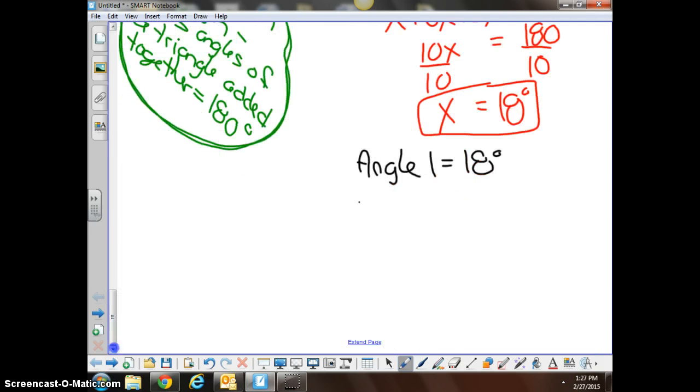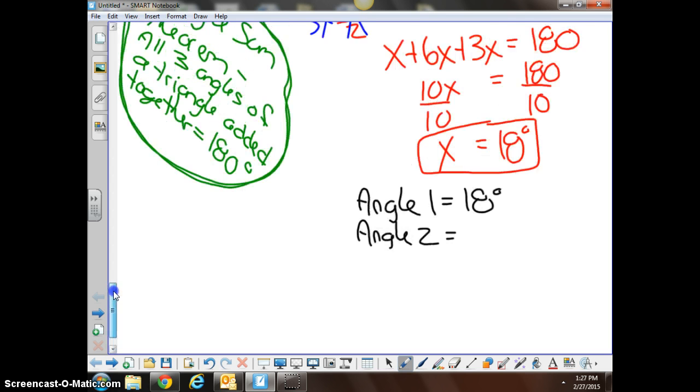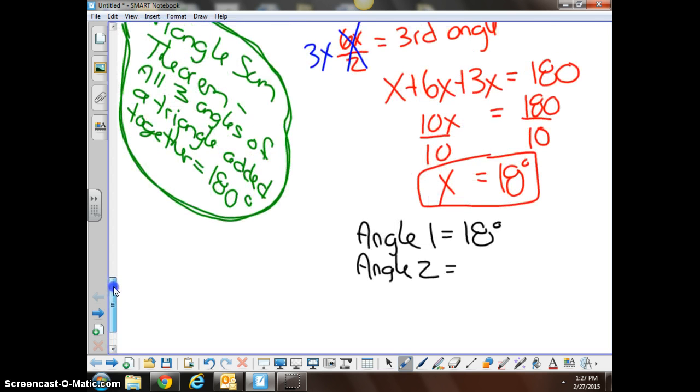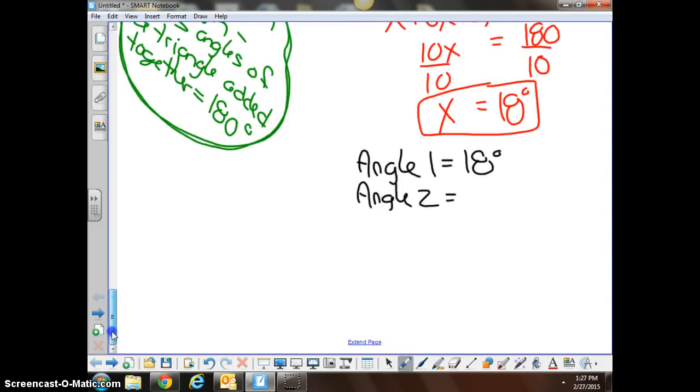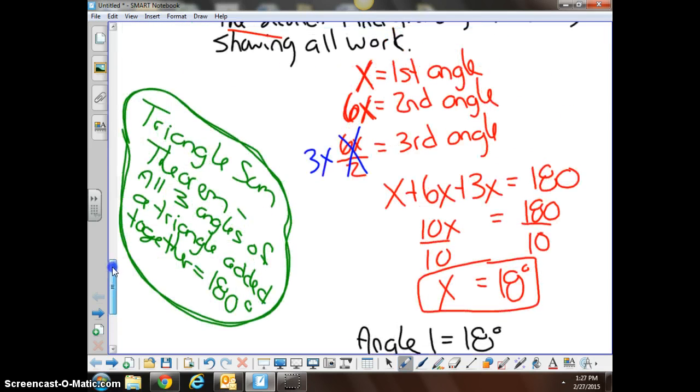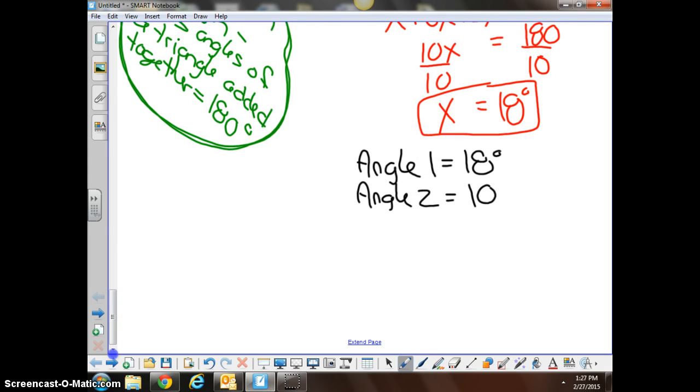Robert, what is angle 2? 108 degrees. It's what? 108. So we got 10 times 18? Wait. 18 times 6. Angle 2 would be 6x, sorry. So 108 degrees, right? Yep. And Robert, what would be angle 3? 54 degrees. Good, so it would be 3x, so 54 degrees.